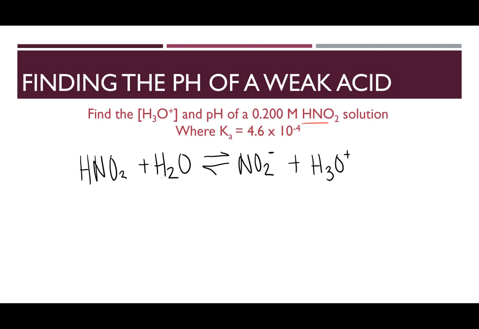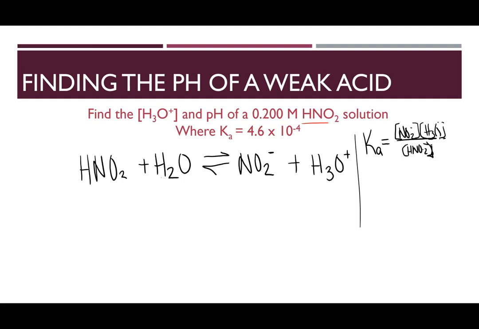Next thing is to get a Ka equation onto the paper. So concentration of our products over concentration of our reactants. So concentration of NO2 minus, concentration of hydronium over concentration of HNO2.